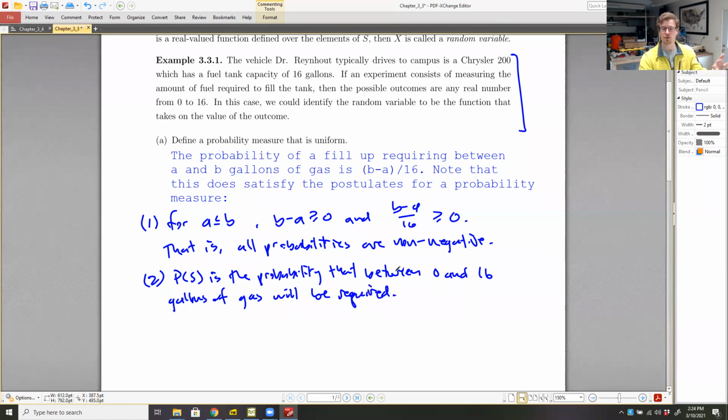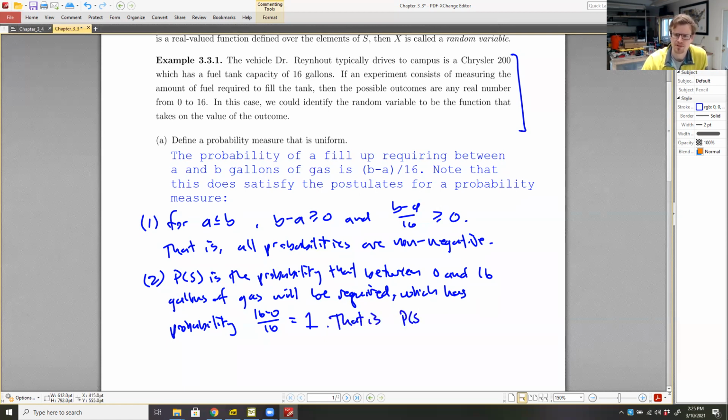And we have a definition for that, right? Which has probability of 16 minus 0 divided by 16. Of course, that's 16 divided by 16, which is 1. That is, the probability of the entire sample space is exactly 1, which is what we needed.